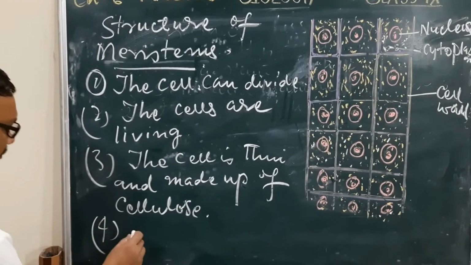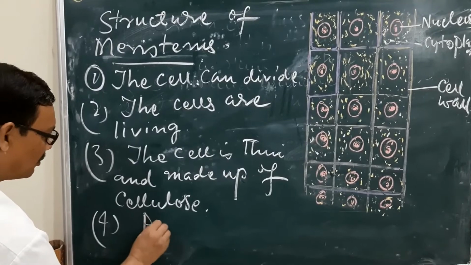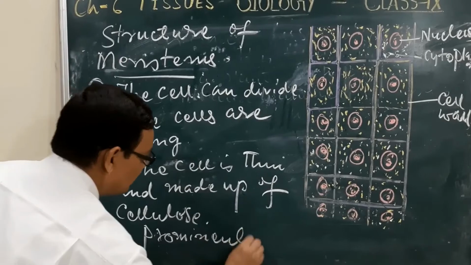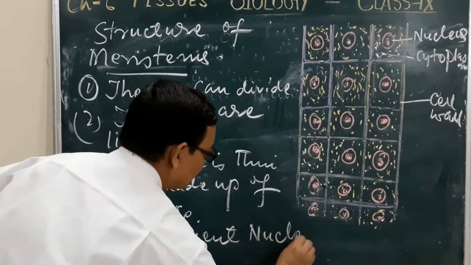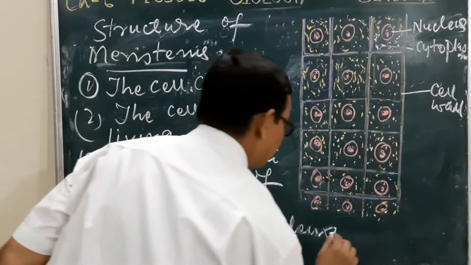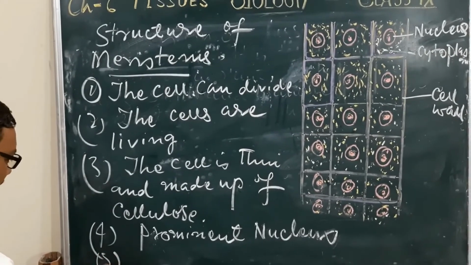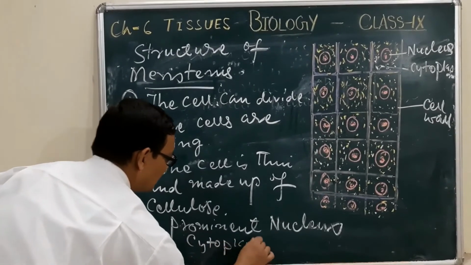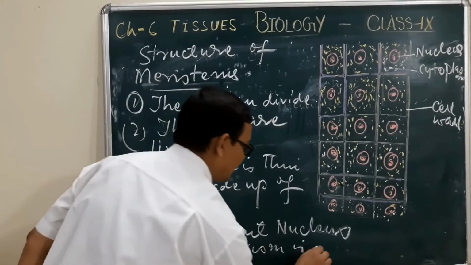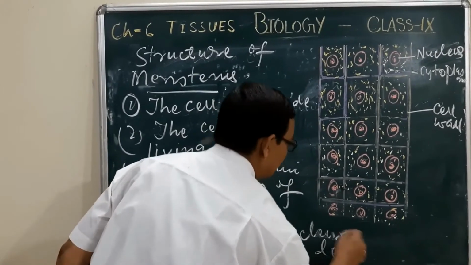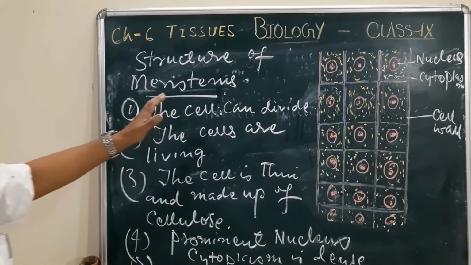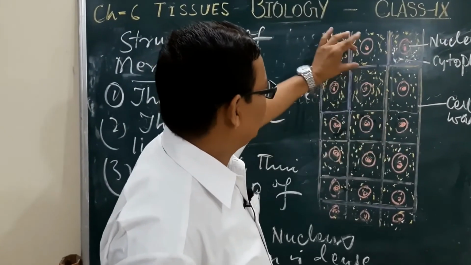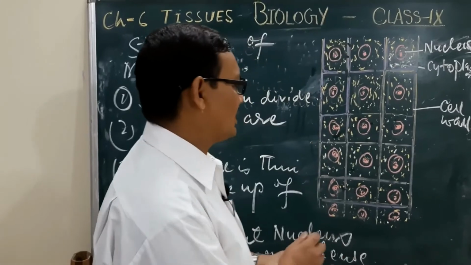Number four, prominent nucleus, cytoplasm is dense. There are so many characteristic features. The cells are compactly arranged. There is no intercellular spaces between the two cells.